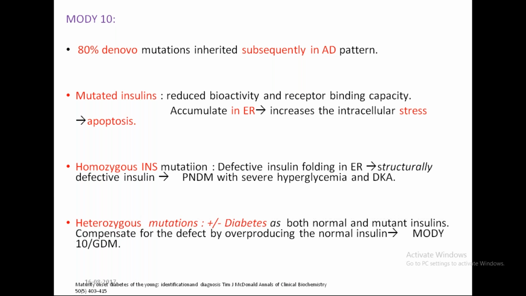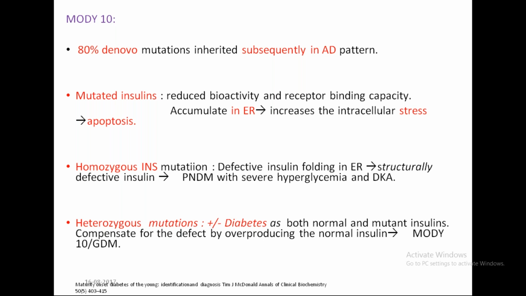Coming to MODY 10, 80% are de novo mutations, inherited subsequently in an autosomal dominant pattern, with mutated insulin. It has reduced bioavailability and reduced receptor binding capacity. They accumulate because of that. The mutated insulin accumulating in the endoplasmic reticulum increases intracellular stress, which can lead to apoptosis.